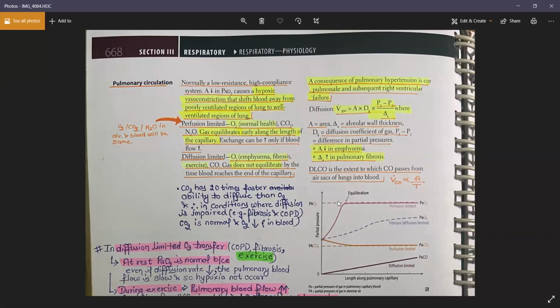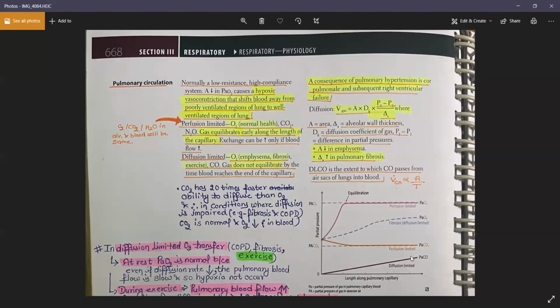The diffusion is very rapid in the case of CO2 and O2, so oxygen and CO2 will readily diffuse across these barriers and enter the blood. As you can see, the speed is very fast. But carbon monoxide is diffusion limited, and as a result, it will take time to attain the same level in the blood as that of the alveoli.